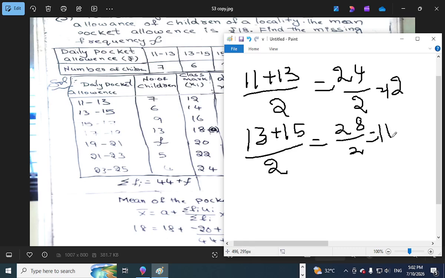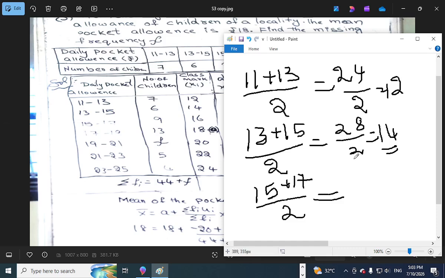14 is the midpoint for the second class, 13 to 15. So we are writing 14 as the second class mark. Similarly, here we are finding the 15 to 17 class mark by using the same formula.